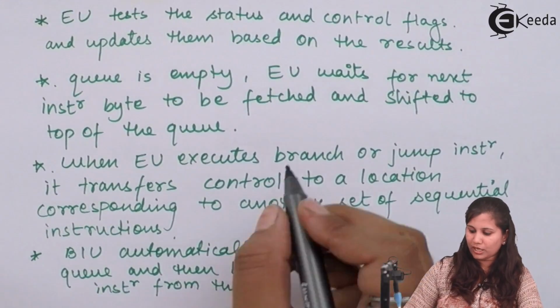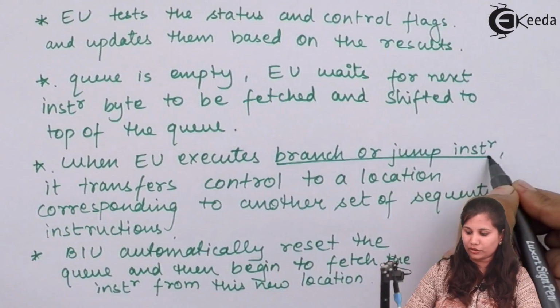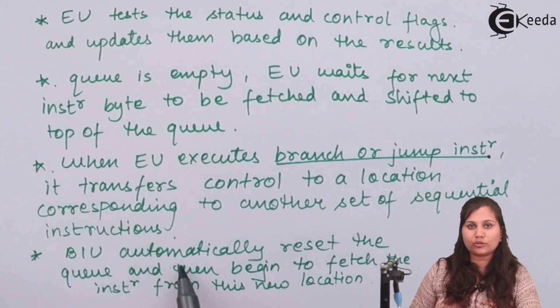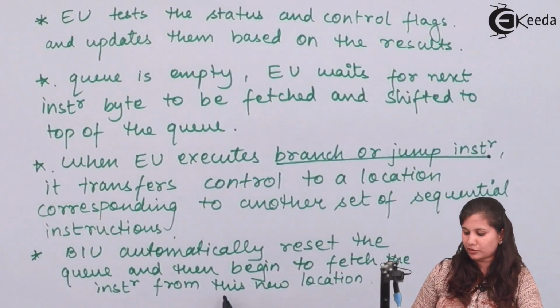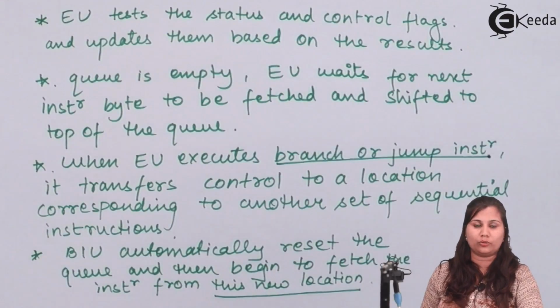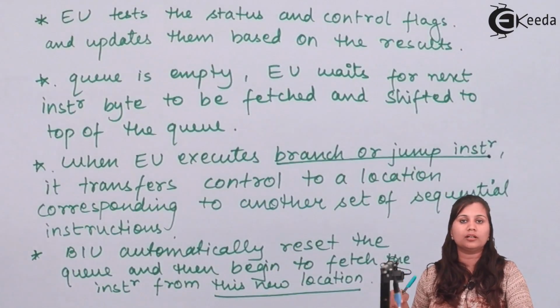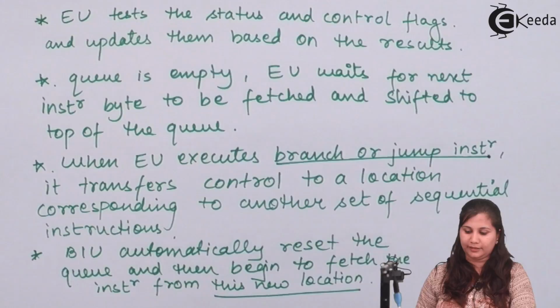When branch or jump instructions are executed, the bus interface unit automatically resets the queue, and then begins to fetch instructions from the new location, where the branch or subroutine is written.